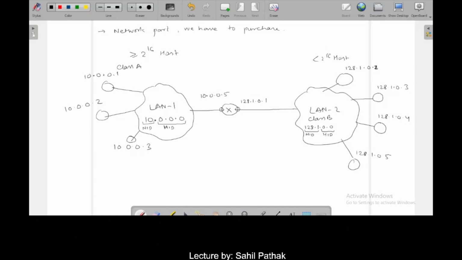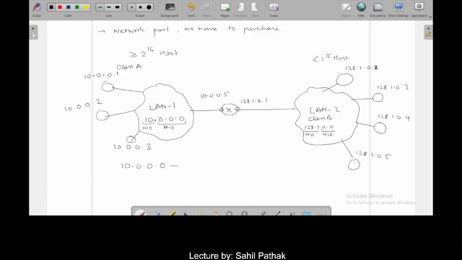Okay, so now you can see over here that we have purchased. If we talk about this network 1, we have only purchased the network ID, which is 10. Okay, and the rest of the host IDs are nothing but 0.0.0.